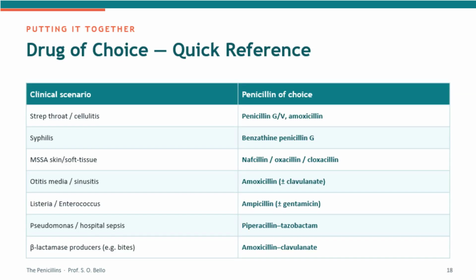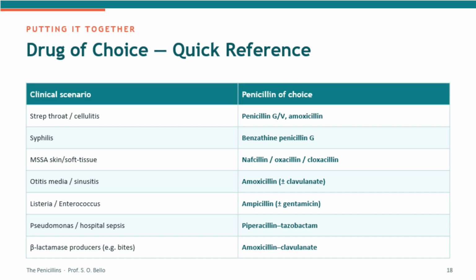Let's consolidate everything into a practical bedside reference, the kind of table I want living in your head when you're on the wards. For streptococcal sore throat or cellulitis, reach for penicillin G or V or amoxicillin.